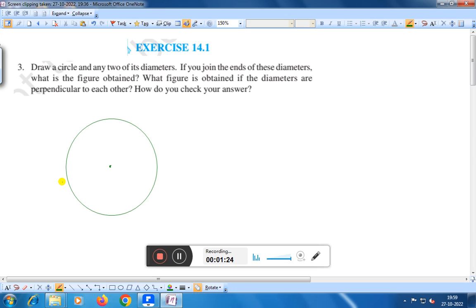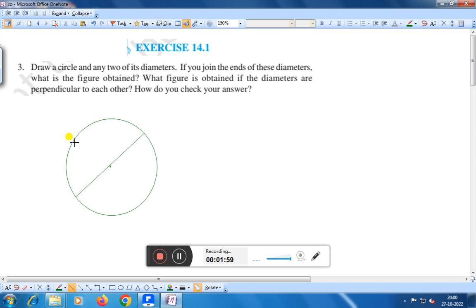Now, if we draw two diameters, right? Diameter means it will pass through the center of the circle and meet at the two circumference. Let us take one line and it passes through the center of the circle, right?